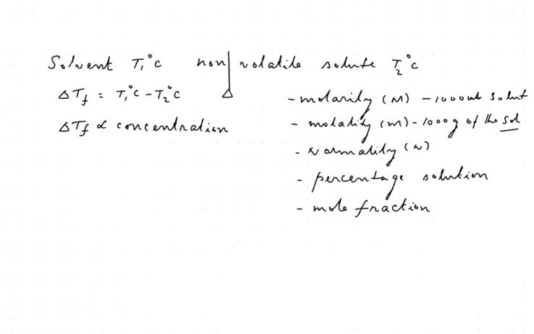Here it is solution. Normality is the number of gram equivalents present in 1000 ml of the solution. You look at the difference here. The volume is mentioned here, but here the weight is mentioned. Here again, the volume is mentioned, 1000 ml of the solution. Number of gram equivalents.